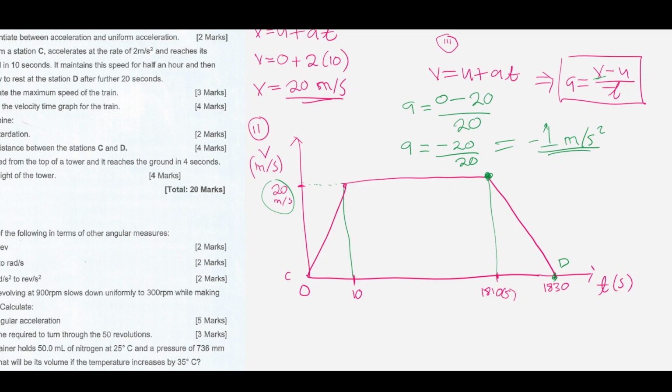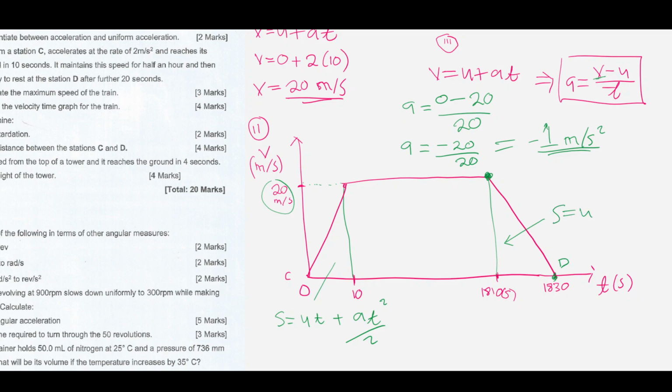So here we'll find, for this triangle here, we are going to use this formula for distance. So distance is equal to ut plus at squared over 2, which is the same one as what we're going to use here.